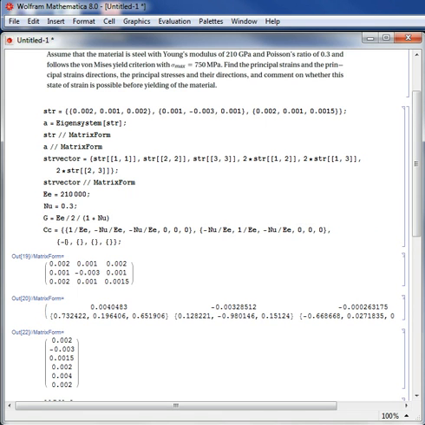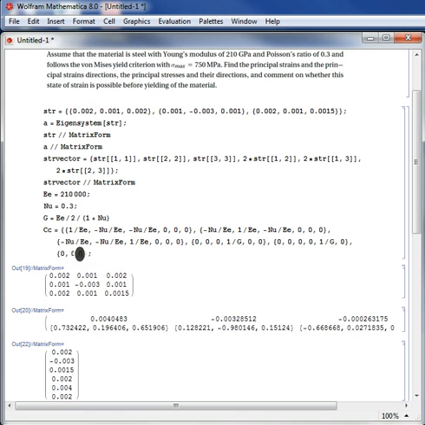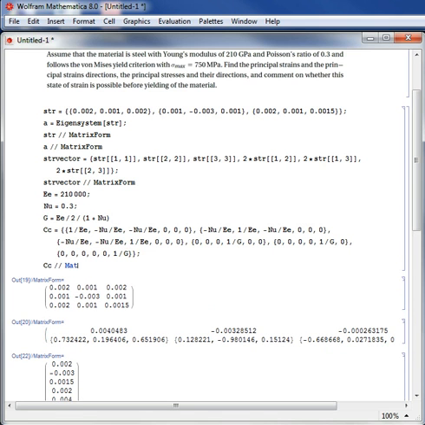The third row is negative Poisson's ratio over E, negative Poisson's ratio over E, 1 over E, and then a bunch of zeros, and then 1 over G, and then a bunch of zeros, and then 1 over G, and then a 0, a bunch of zeros, and then 1 over G. I'm going to show C in matrix form just to verify that my input is correct. Shift enter.